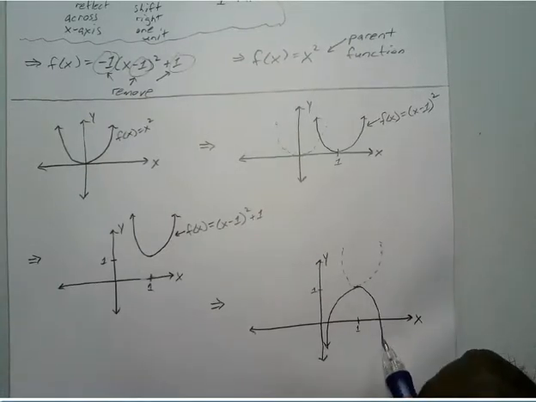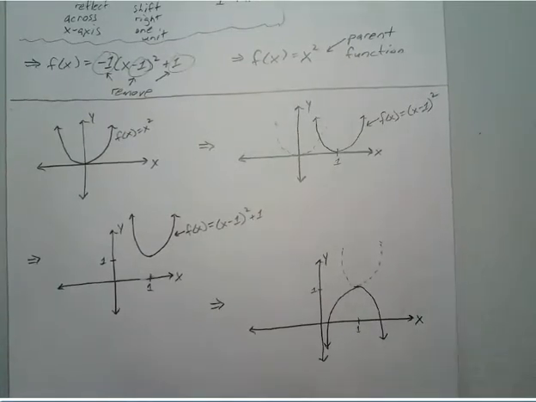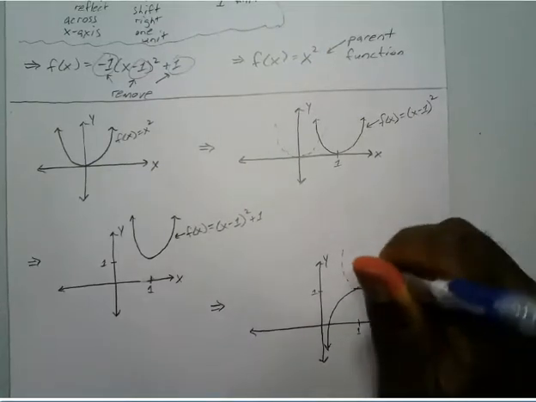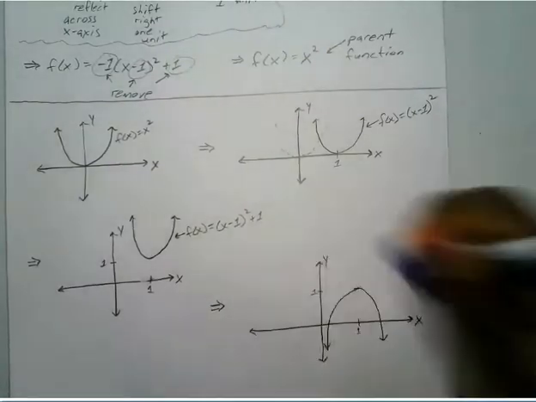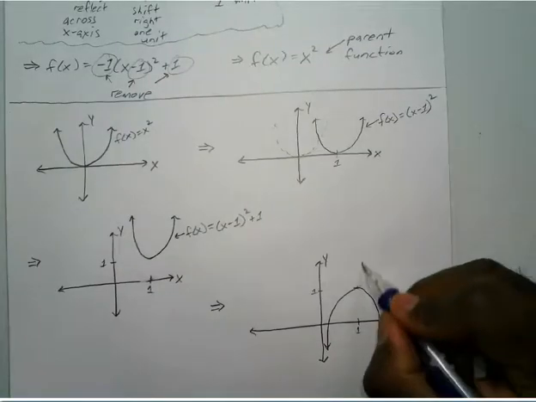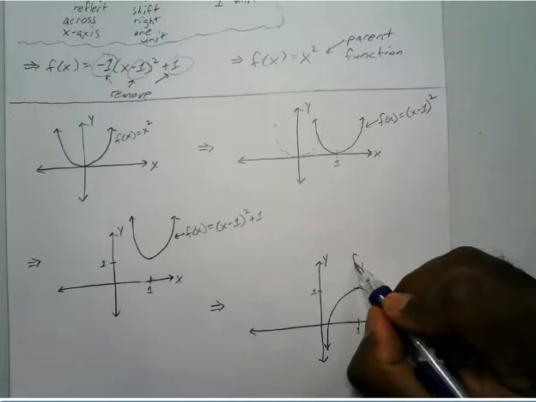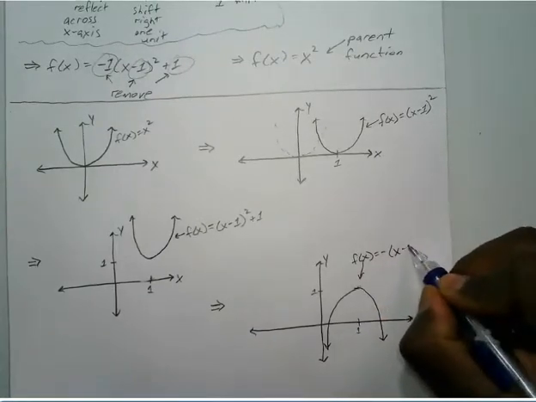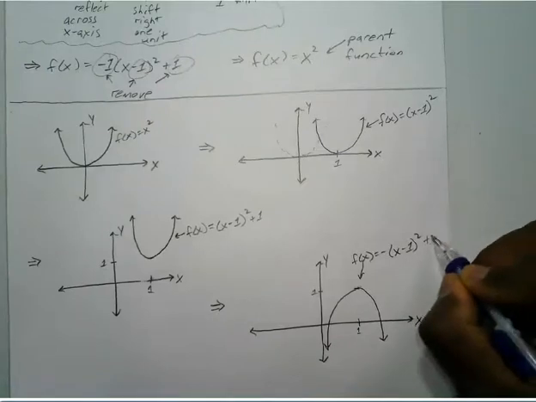It's a little bit bigger than I wanted it to be, but hopefully you get the idea. Okay, so I'm going to go ahead and erase that one just to make it a little neater. And that gives us our f of x equals negative x minus 1 squared plus 1.